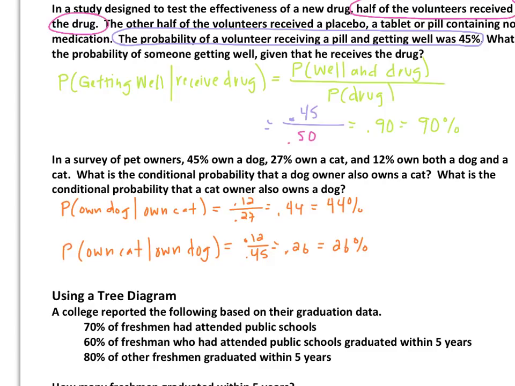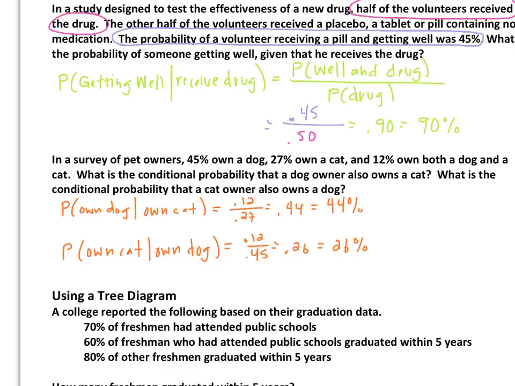Okay, the wording here was a little tricky. What is the conditional probability that a dog owner also owns a cat? So the given part of that is that they are a dog owner. So it's saying you are a dog owner, and then what is the probability you also own a cat? So that's actually our second one, the probability you own a cat given that you own a dog.